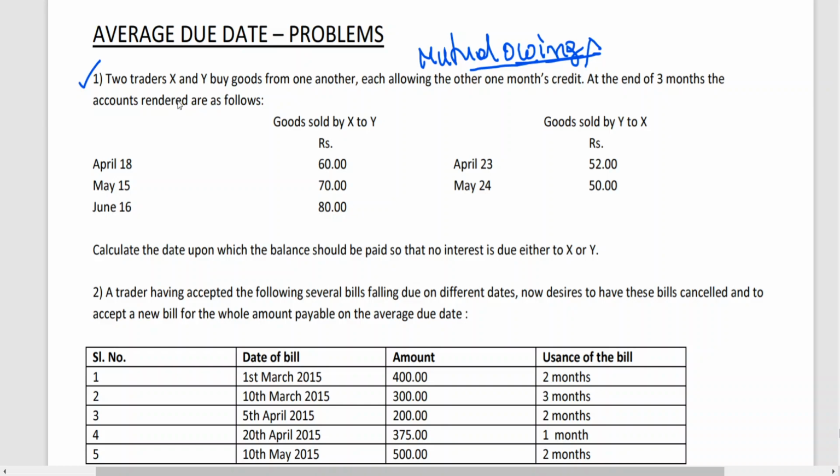Two traders X and Y buy goods from one another, each allowing the other one month's credit. At the end of 3 months, account rendered as follows: goods sold by X to Y, 60 rupees, May 15, June 16. Goods sold by Y to X.